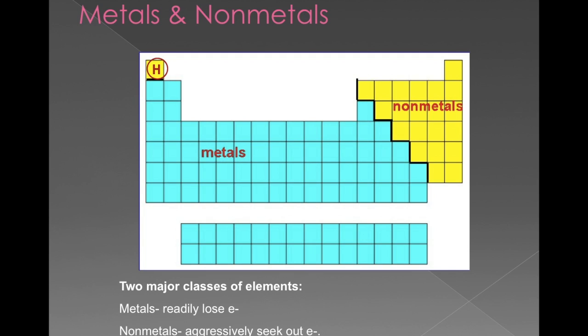And nonmetals want to gain electrons to achieve a full valence shell. This particular diagram doesn't show metalloids, but metalloids are in between, and they often want to gain or lose electrons. So it's a little bit more complicated figuring out how metalloids will behave.